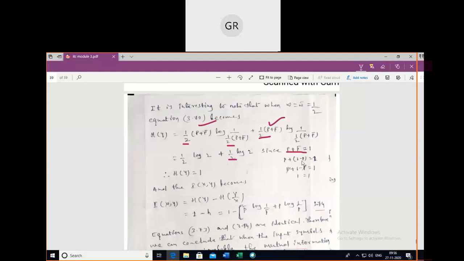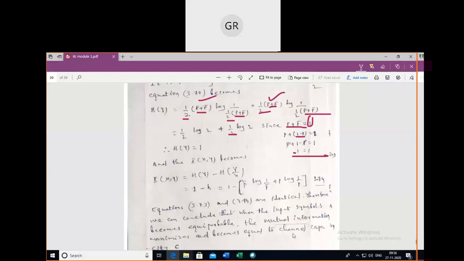Substitute here, P plus 1 minus P, that is equal to 1, this P cancels. So P plus P bar equal to 1, proved. Then substitute 1 here, here, here, here, and here. Then it becomes 1 divided by 2 log of 2 plus 1 divided by 2 log of 2.